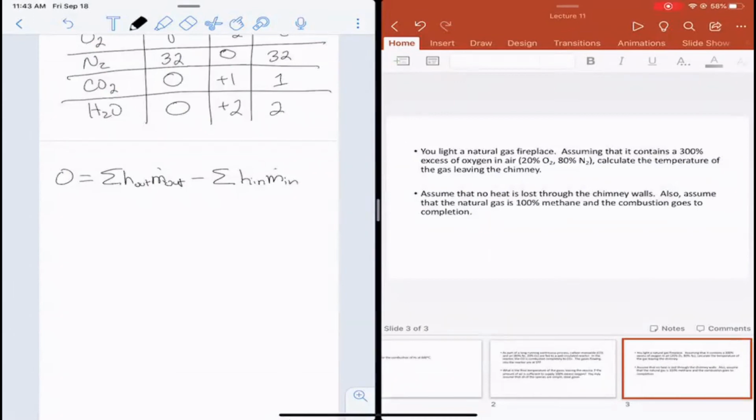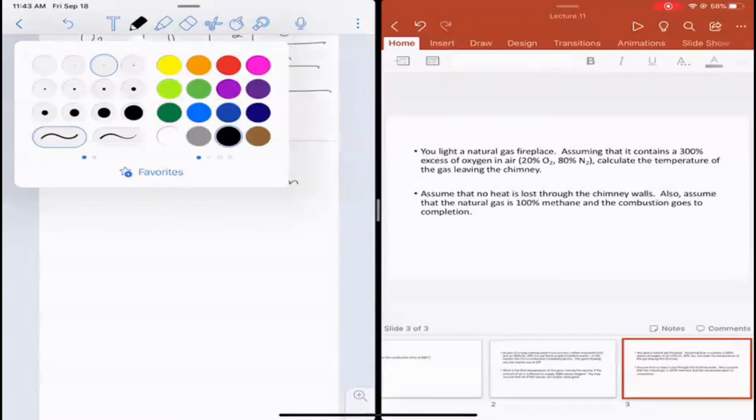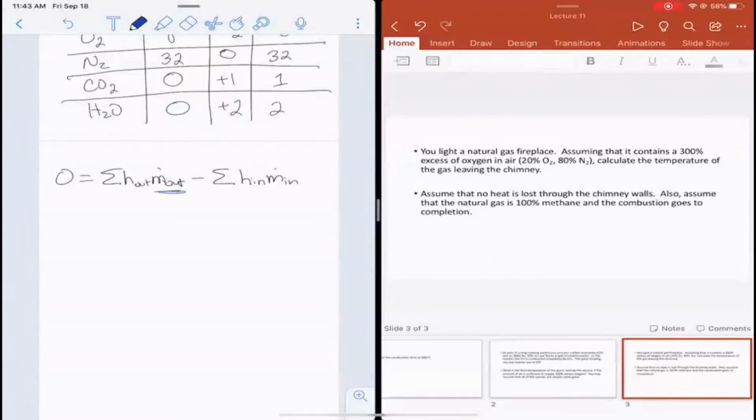And just like in the previous problem, we used the ice table for those, and we are going to use the heats of formation to describe the things that are entering the system and leaving the system.